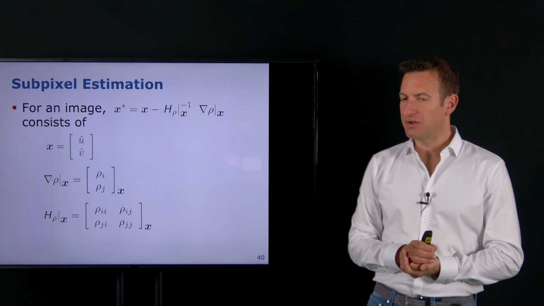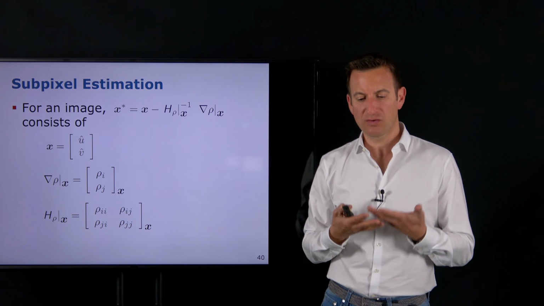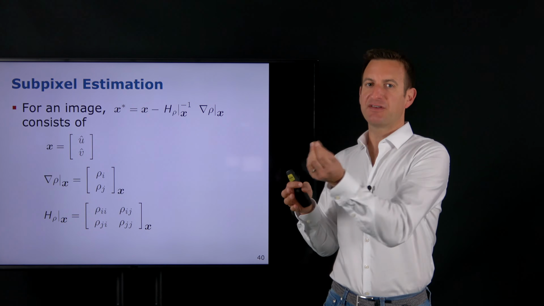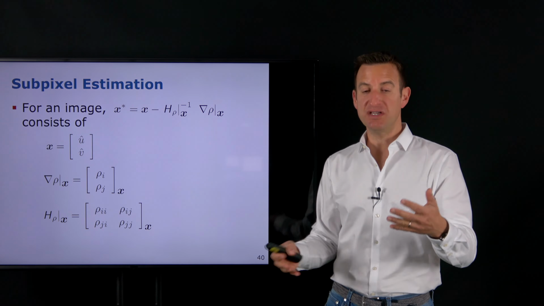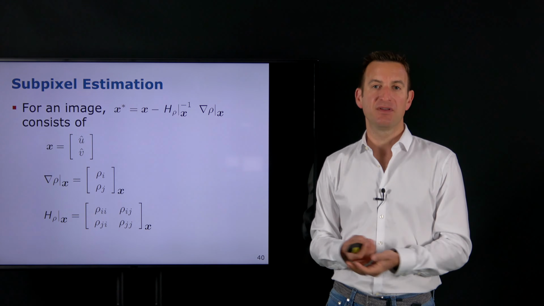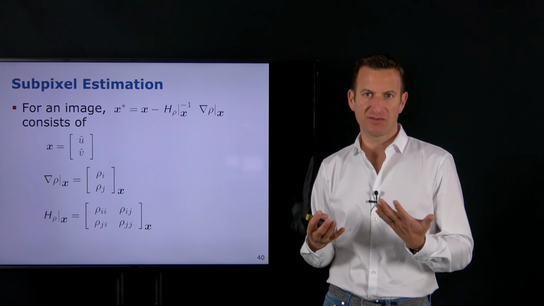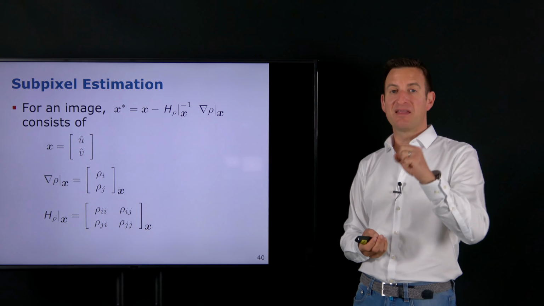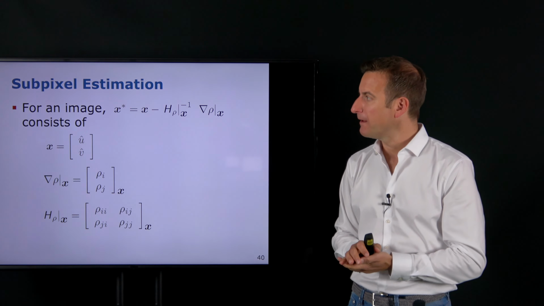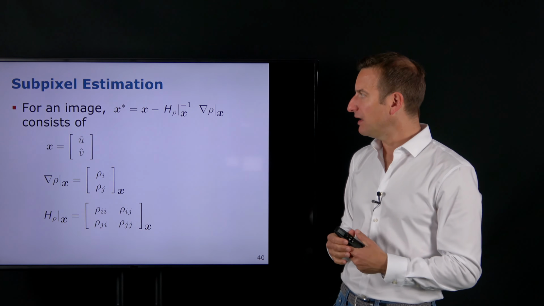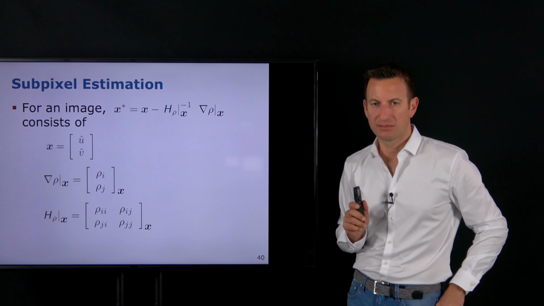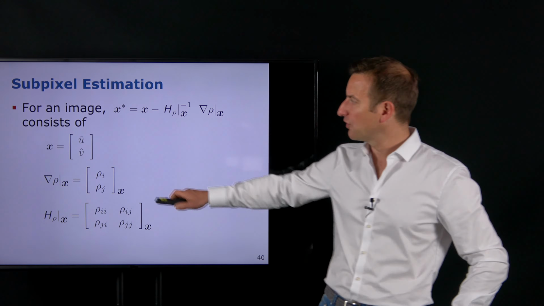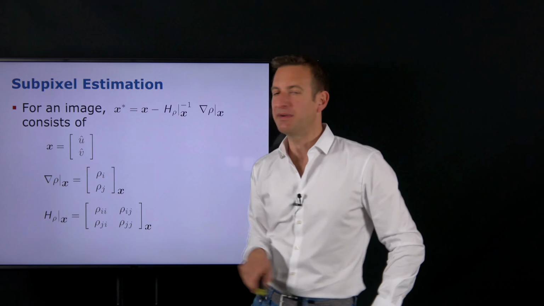So if I have an image, I can see this cross-correlation function basically as an image, right? We evaluated it at every location, so we basically have a 2D grid with some discretized values. You can see this is very similar to an image, where we basically want to select the highest value. So let's go back and look at the individual values. My x is my two-dimensional shift vector.